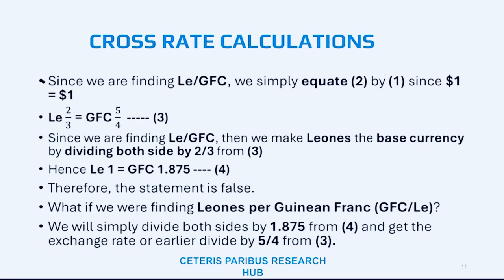So now, since we are finding the exchange rate between leones and Guinean franc, we simply equate equation 2 and 1. Since we now have dollar equal to dollar, 1 Liberian dollar equals 1 Liberian dollar. So in this case, you have 2/3 leone being equal to 5/4 Guinean franc.